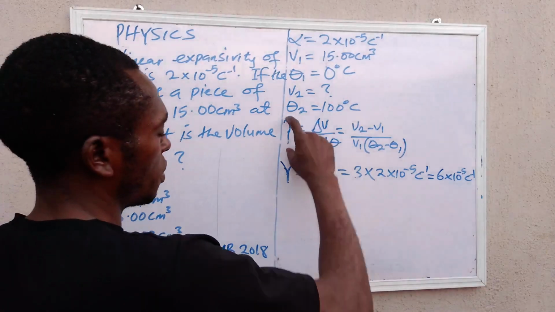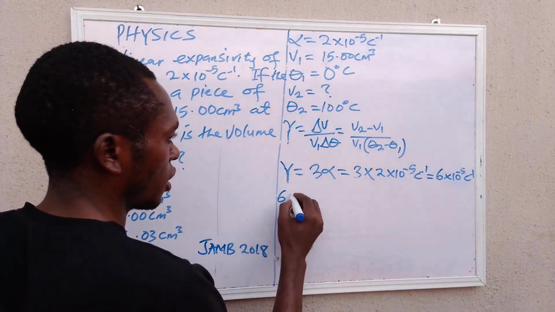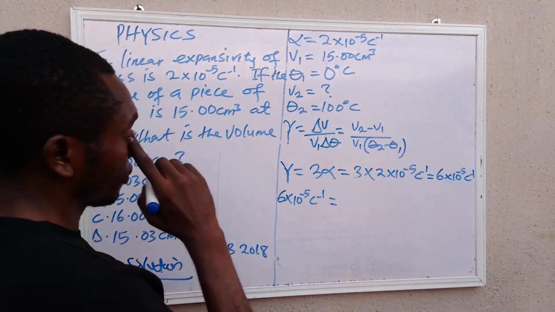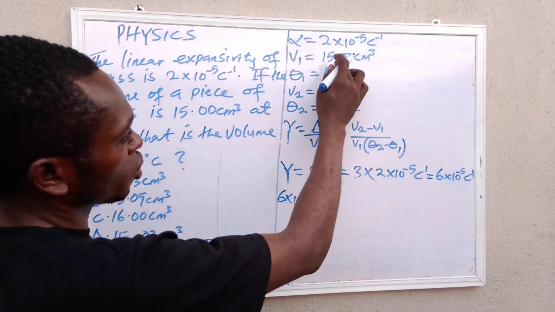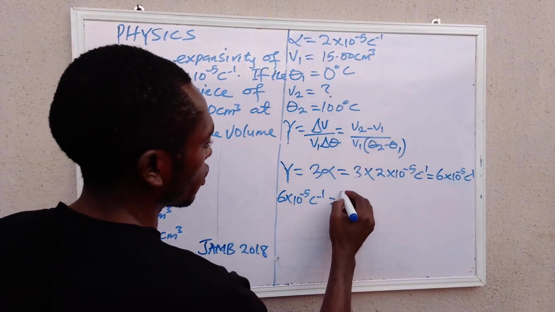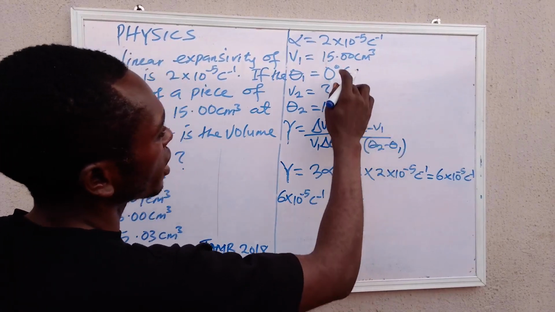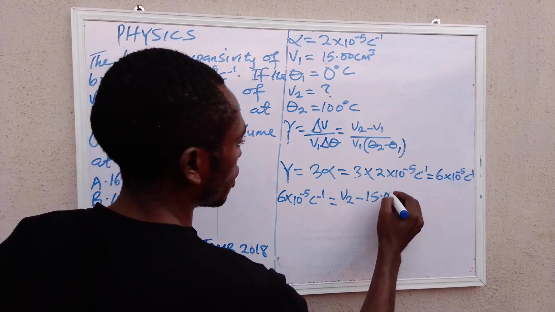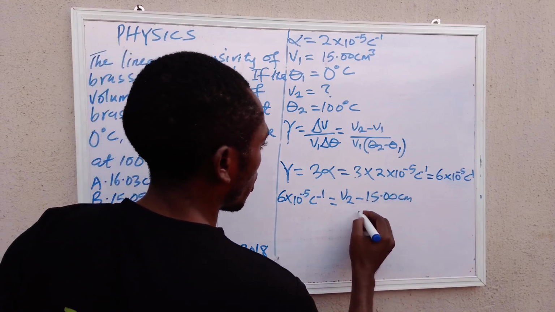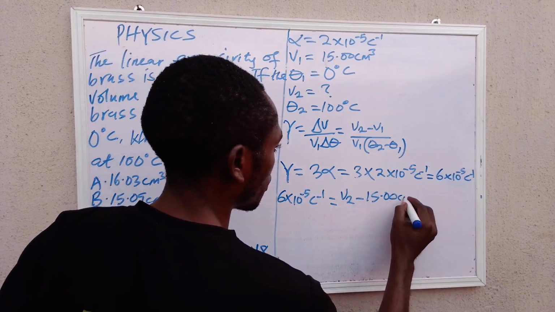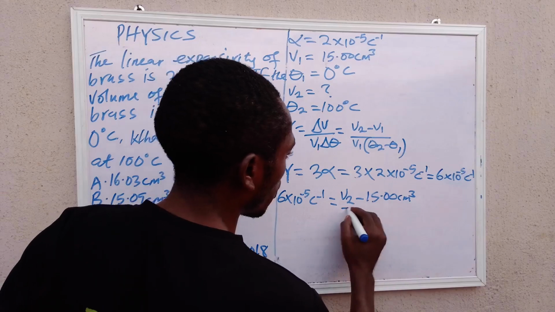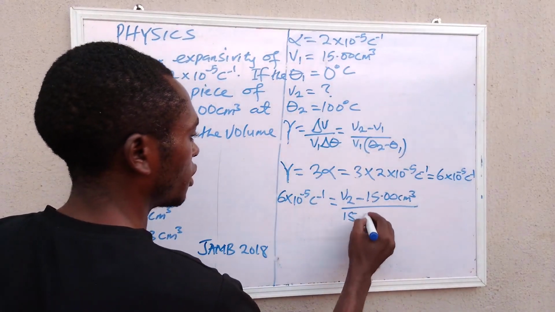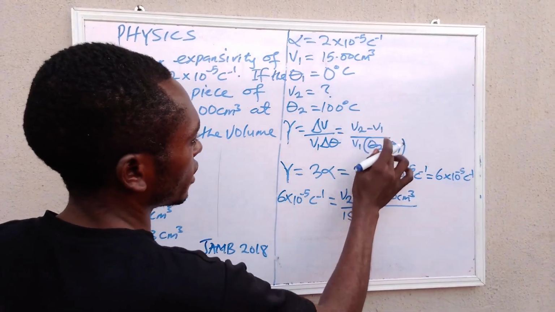So now we just replace it here. We're going to have 6 times 10 to the power minus 5 per Kelvin equals V2, which is what we're looking for, minus V1. V1 is 15 centimeters cube, over V1, which is 15, times the temperature.